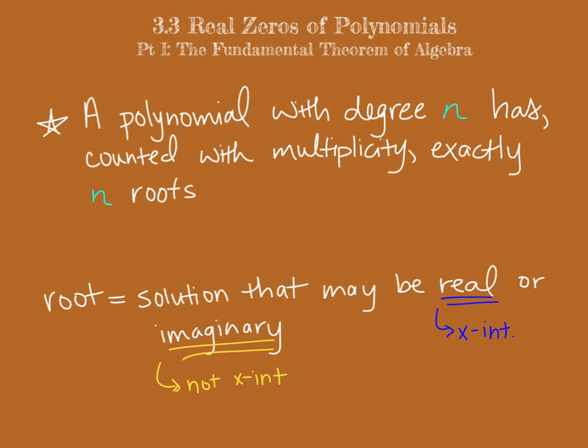Imaginary roots come in pairs. So if we had a cubic polynomial with 3 total roots, either all 3 are real, or only one of them is real, because the other 2 have to come in a pair. They'd be imaginary, and it has a total of 3 roots. This is a really cool theorem because it tells us how many solutions or roots we need to be looking for based on the degree of our polynomial.